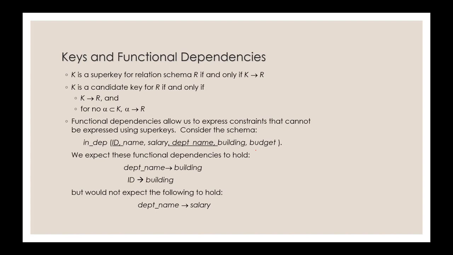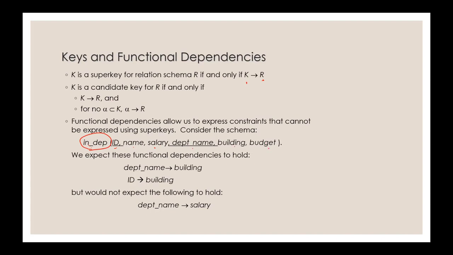So K is a superkey for relation schema R only if K determines R. Functional dependencies allow us to express constraints that cannot be expressed using superkeys. We have in-depth, which we talked about before, right? We have ID, name, salary, department name, building, and budget.